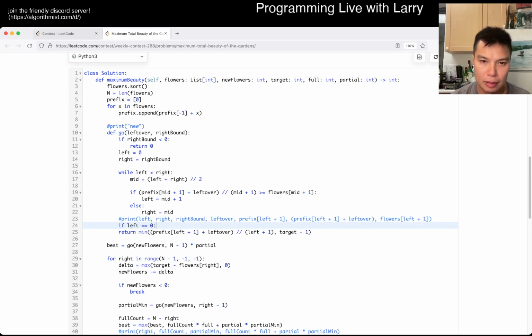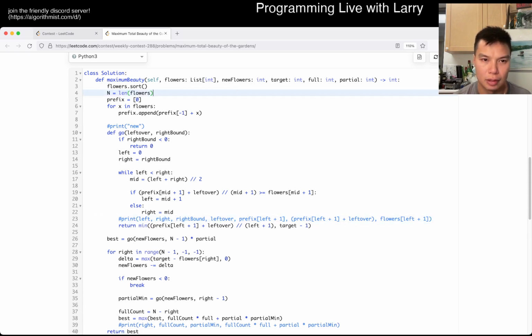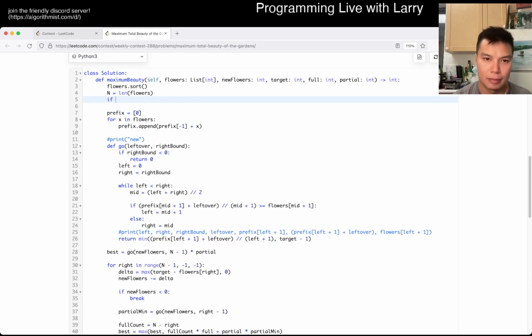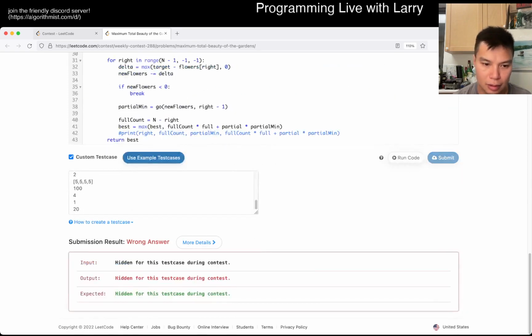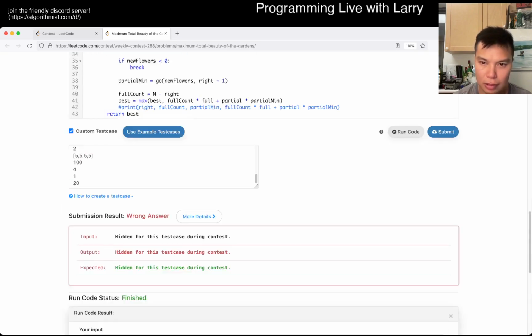So basically, if... okay, let's see. I know that this is wrong answer though, so it's fine. If 0 is greater than or equal to target, then return partial full times n. Right. Okay, so that fixes that one.